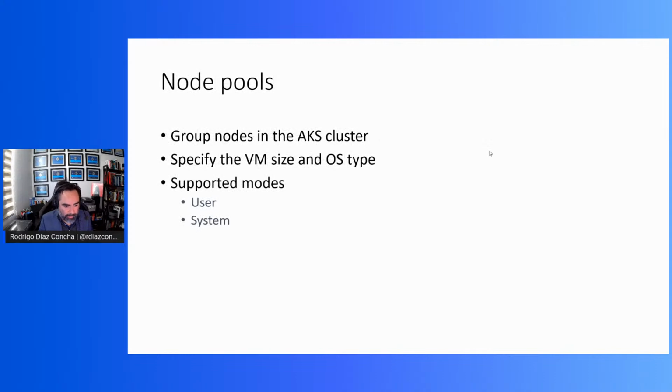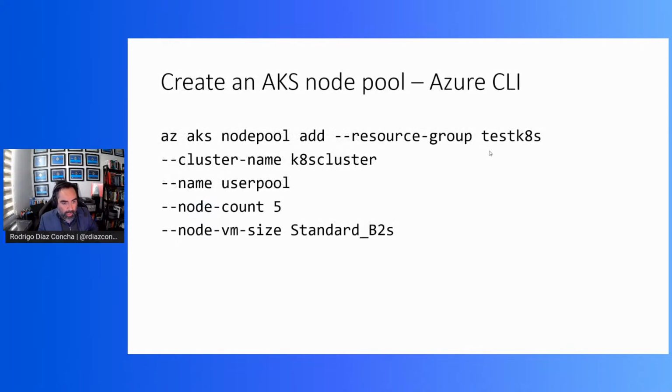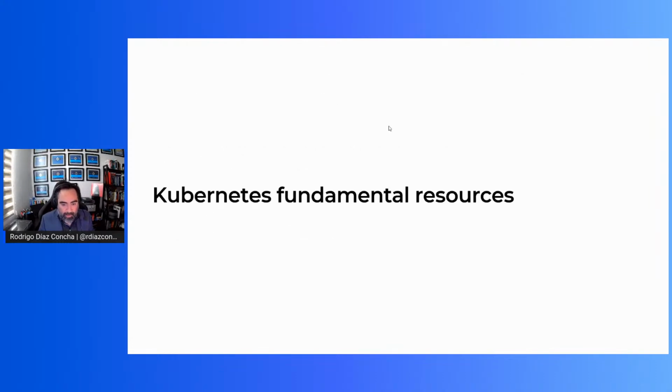So bear with me. Okay, so this is node pools. This is an AKS topic that I don't want to explain right now, again, because I want to explain vanilla Kubernetes in this series. Cool.